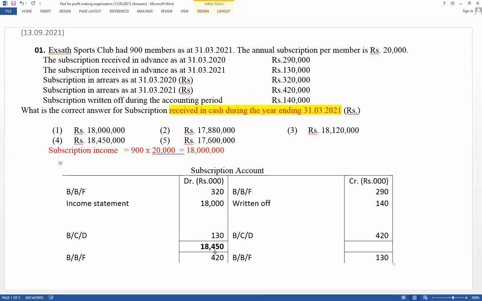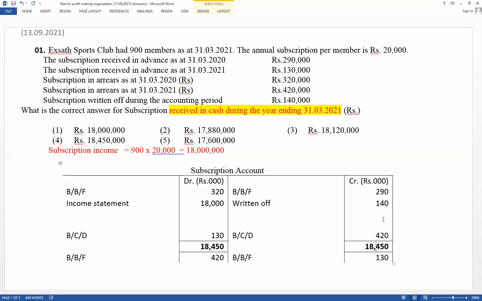Take that value credit side 18,450. Difference value as a cash. There's received in cash during the current period. Received in cash. From that value, this value deduct these three values. Double entry cash account debit, subscription account credit.